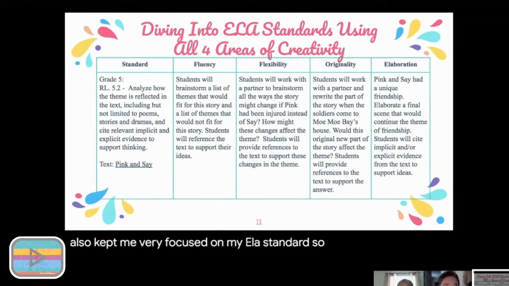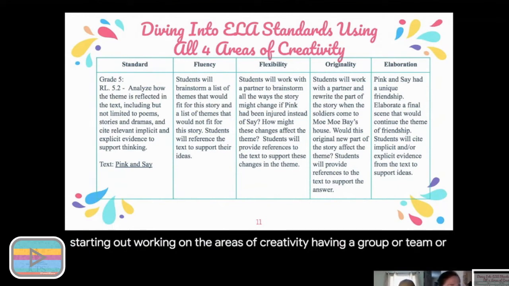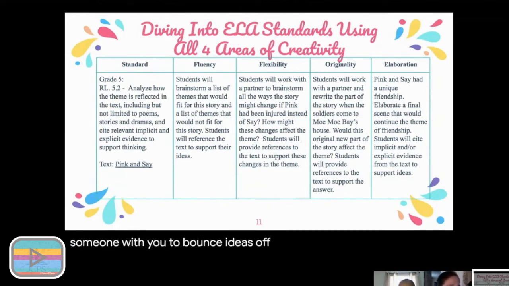So when you're starting out working on the areas of creativity, having a group or team or someone with you to bounce ideas off of makes it super easy to do. It seems like it might be a little hard, but once you start working with someone else and bouncing those ideas, it's like, oh, okay, I get it. This makes sense, and it makes it easier.